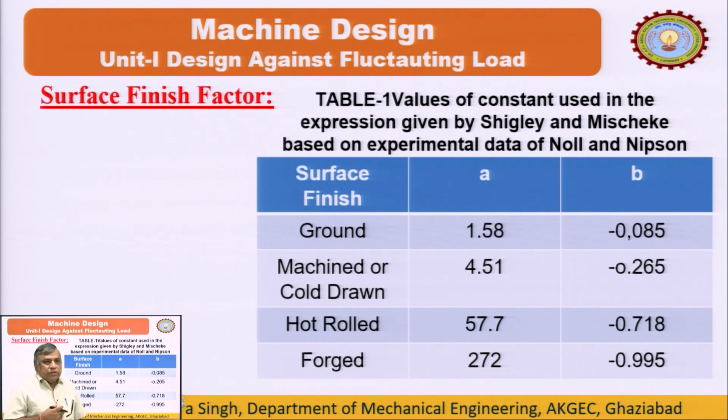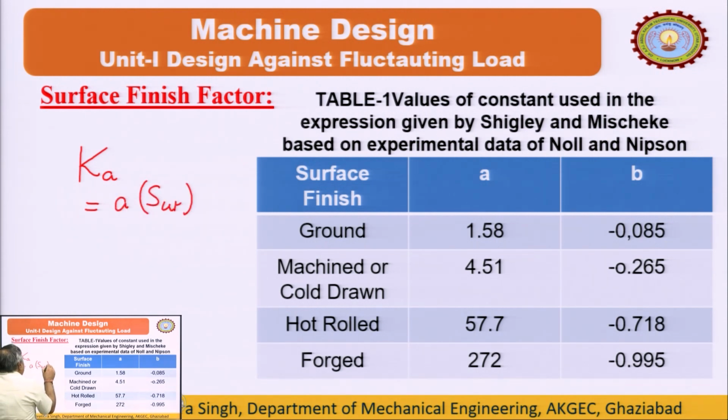For this, Shigley and Mischke give an exponential relation based on the ultimate tensile strength, where the surface finish factor is a times SUT raised to the power b.